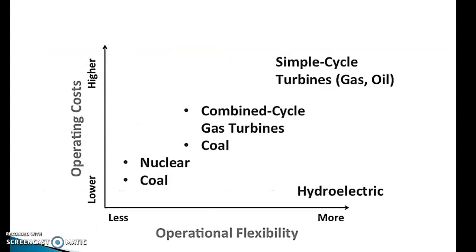This is a plot of operating flexibility with respect to operating cost. The x-axis is operating cost, and this one is versus operating flexibility. This is less, this is more. This one is hydroelectric, this is nuclear, coal, combined cycles, simple cycle turbines, gas or oil.